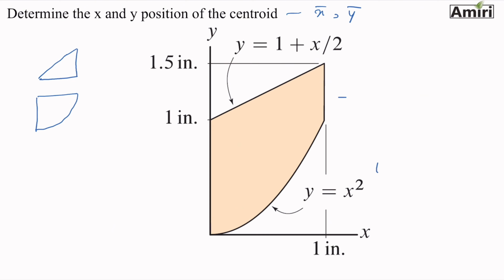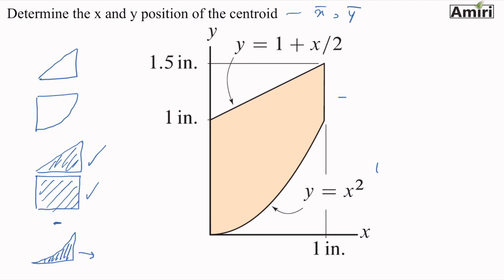Or I can do a triangle, a square, that a y equal x squared is deducted from it. I still have to do integration for this one, but I can find it. Or I can just do integration right away.